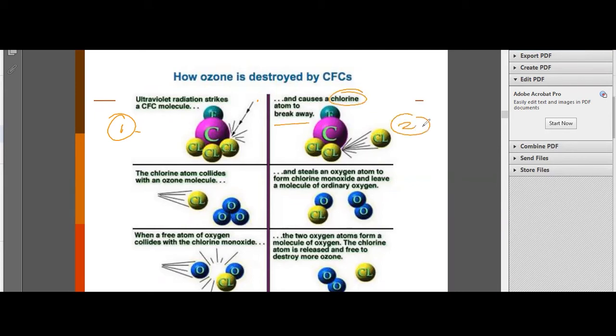This is the second process. The Cl leaves the CFCl3 molecule. You know that this is homolytic fission, so the bond breaks and leaves radicals. The Cl radicals later on will attack the ozone molecule.